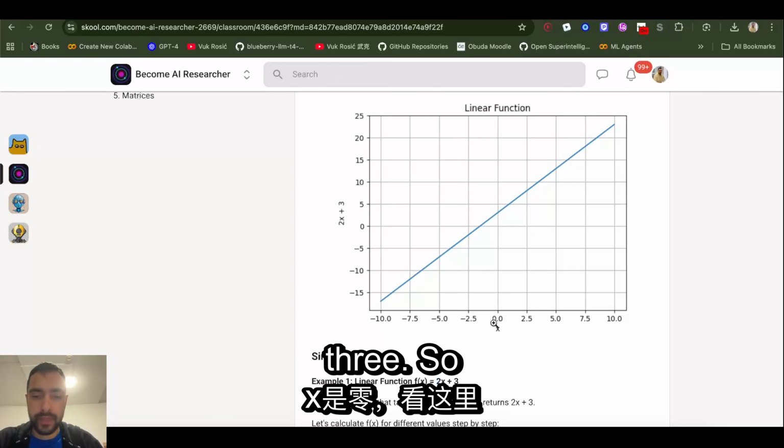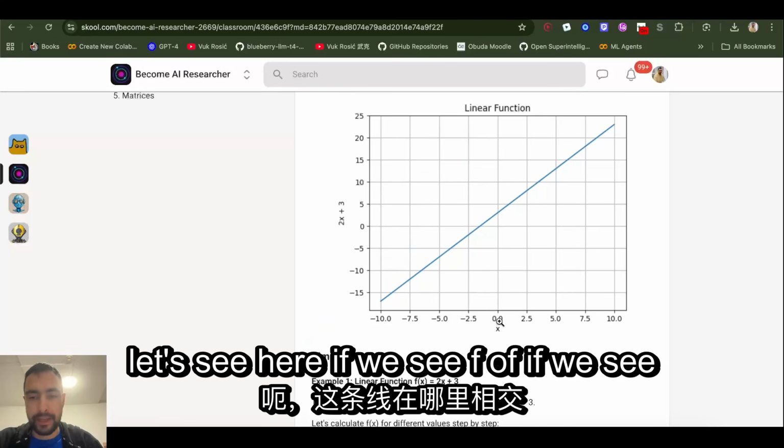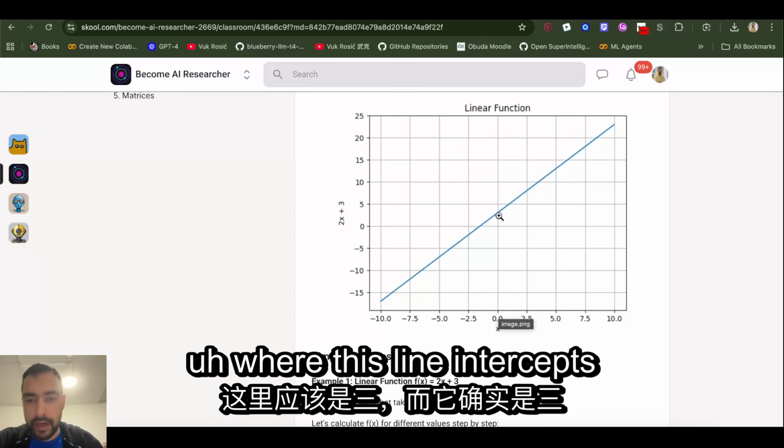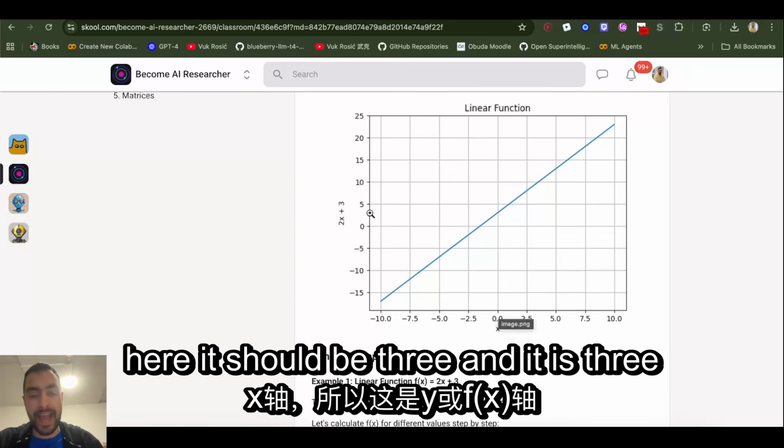Let's see here where this line intercepts when x is 0. Here it should be 3, and it is 3.